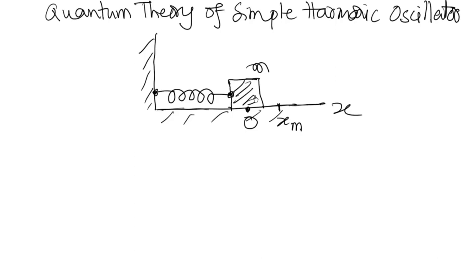now if we release it, then the block will execute simple harmonic oscillation. There will be a to and fro motion, back and forth. There will be some characteristics of this motion.